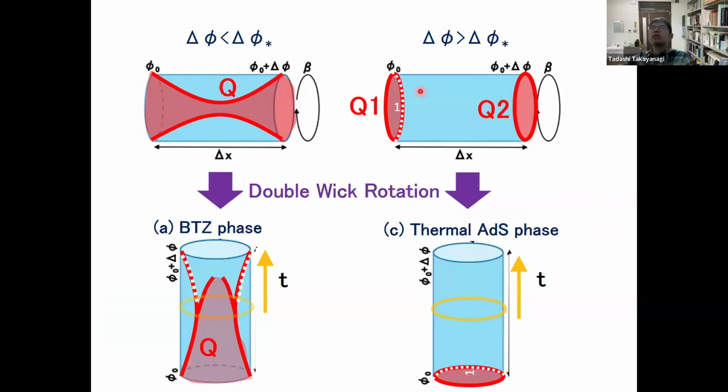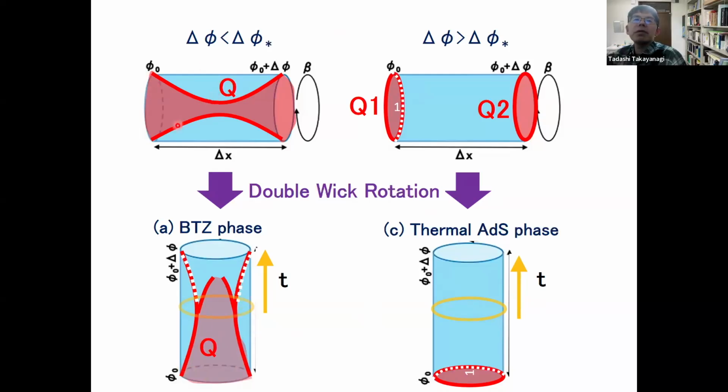But now, the interesting thing is to take a double Wick rotation. This is the final point of my talk. Then this thermal AdS becomes BTZ, like we exchange time and space, and this BTZ becomes thermal AdS. But anyway, for the BTZ phase, we have an end-of-the-world brane in the Euclidean picture.